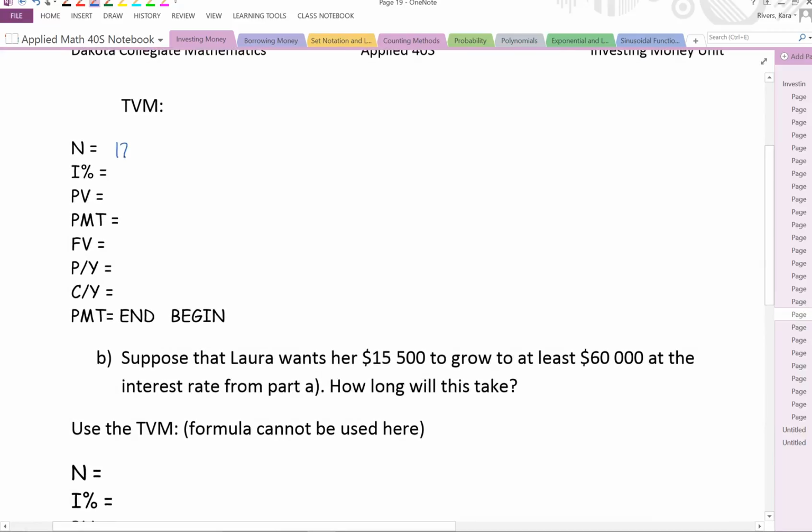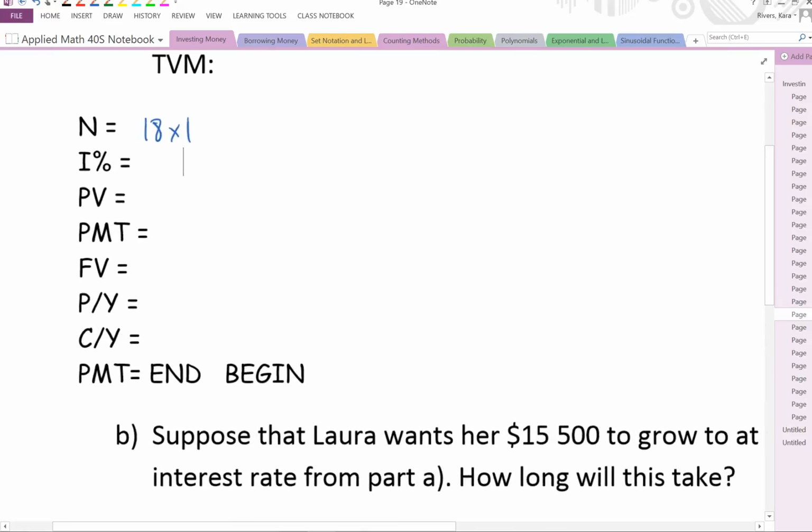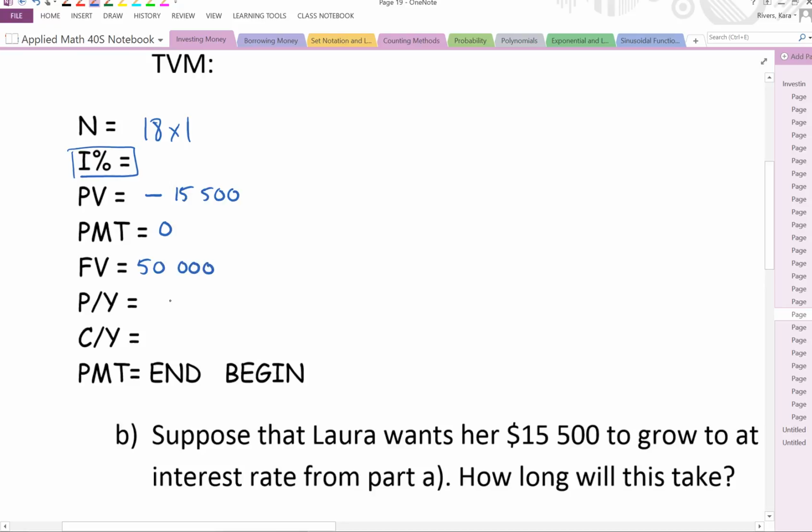So we get 18 times 1. I would be what we're solving for, right? We don't know what that is. We're investing, make sure you put negative 15,500, 0, 50,000, 1, and 1, and this is end.